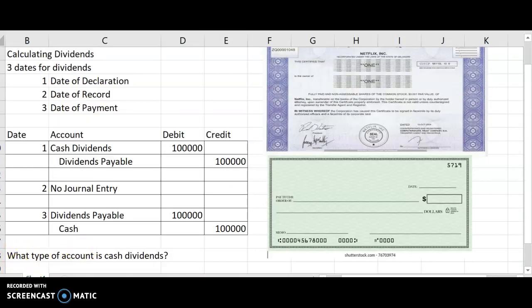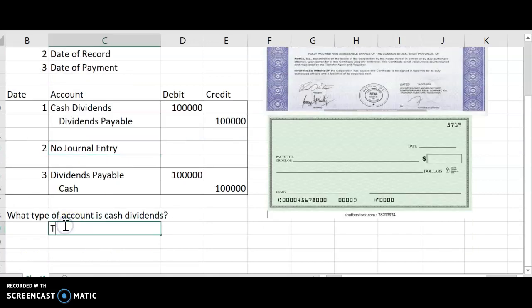Okay, so let's look at these accounts. You're familiar with all of them except this account called cash dividends. This is a new account for us. What type of account is cash dividends? Well, first of all, it is a temporary account. And it's really comparable to owner's withdrawals.